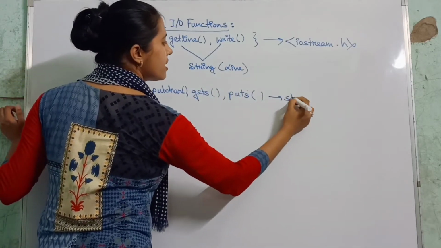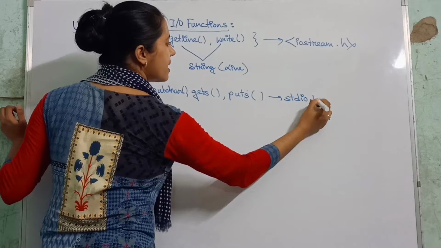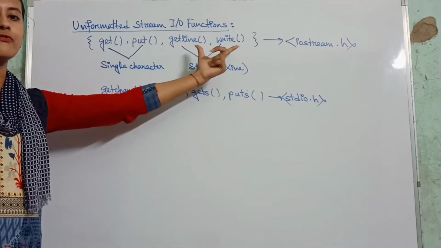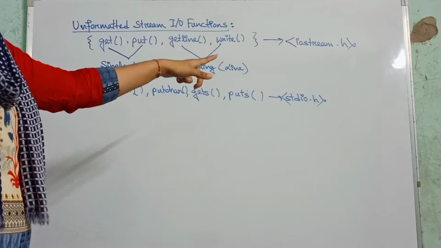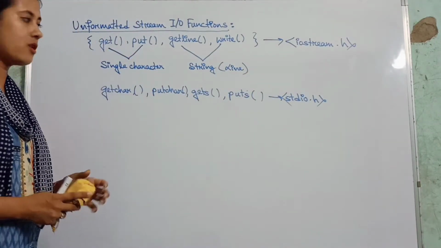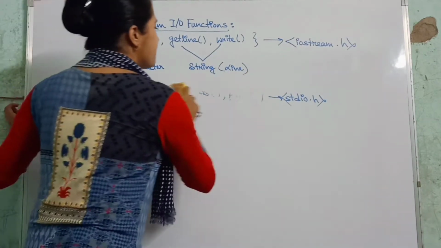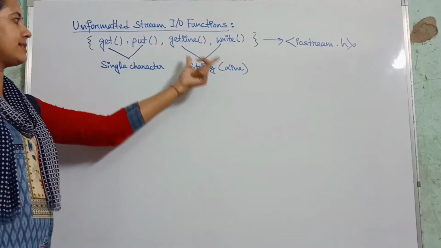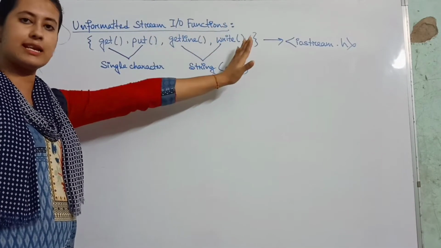All these were included under the stdio.h header file. But you remember that these 4 functions are included in the iostream.h header file. Okay? Now you see get and put are used for single characters and these are used for strings. This we will see later on.